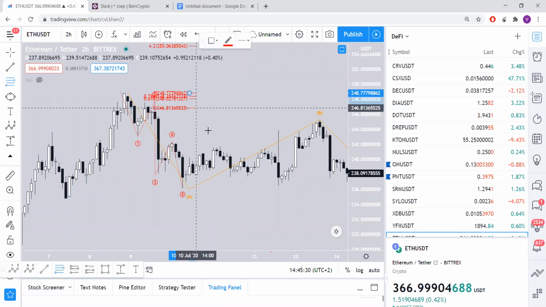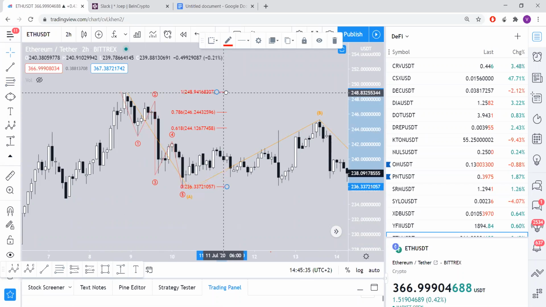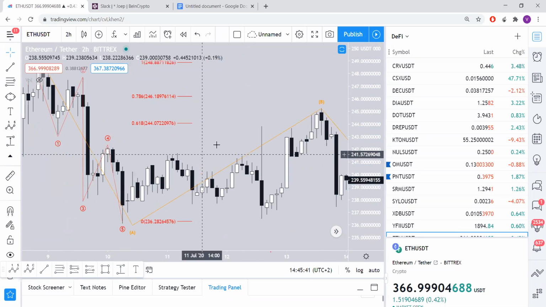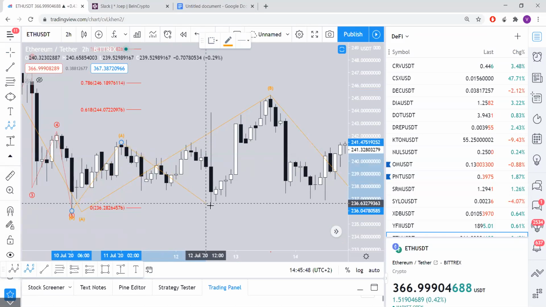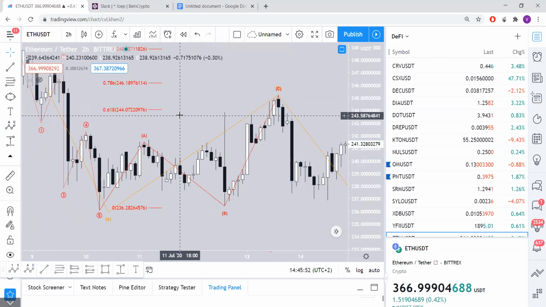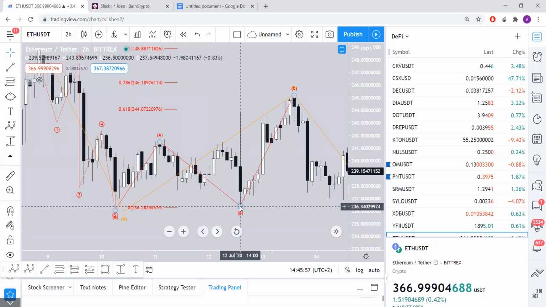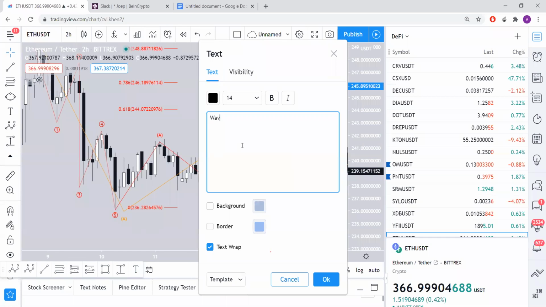And so the price is retracing here. Now, B waves are comprised of other ABCs. So you have an A, B, C right here.